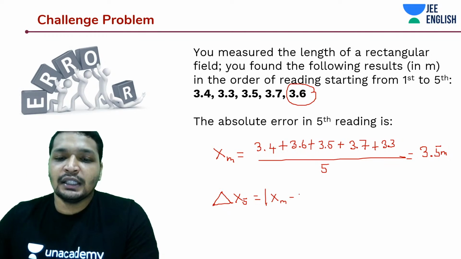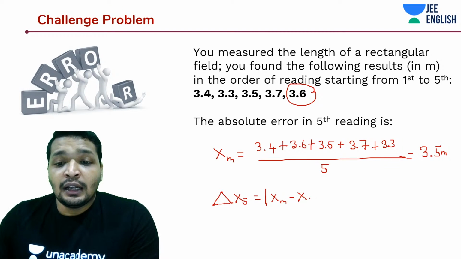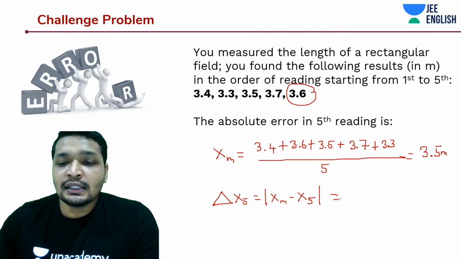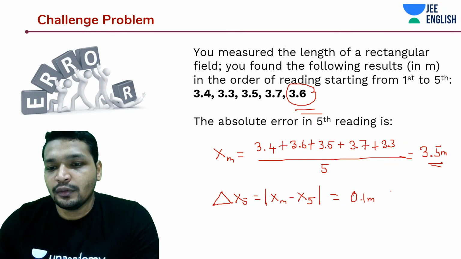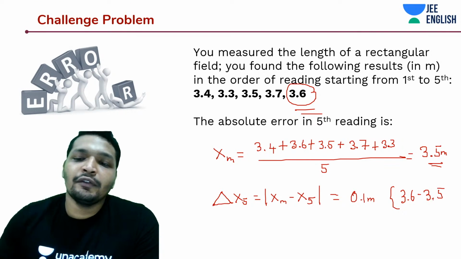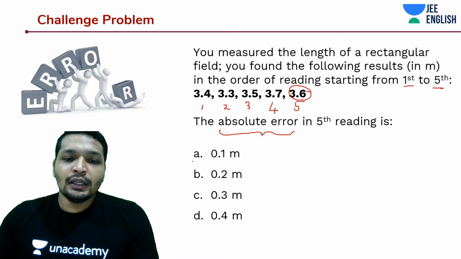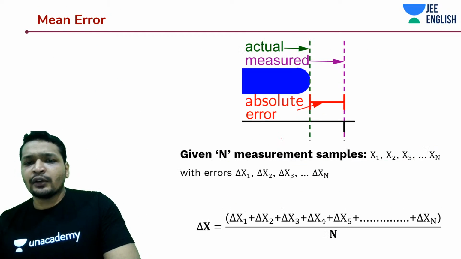That's amazing. Now when I'm doing this, how much am I getting as the error? 0.1 meter. 3.6 minus 3.5, that's 0.1 meter. That's correct. Amazing work, Prasad. So that's how you calculate an absolute error.